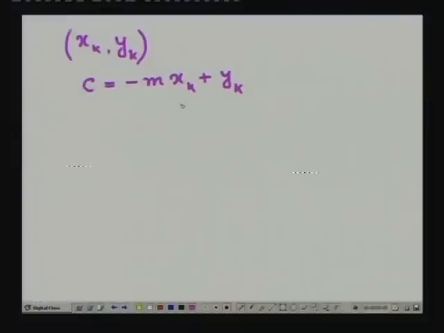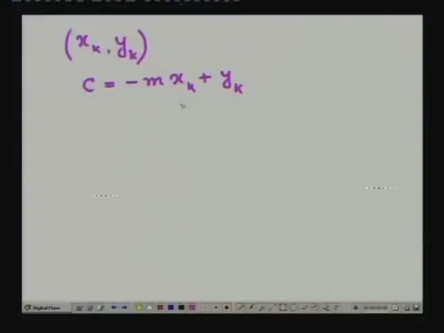So, if I have n such possible values of m, I will get n corresponding values of c by solving this equation c equal to minus m x k plus y k.